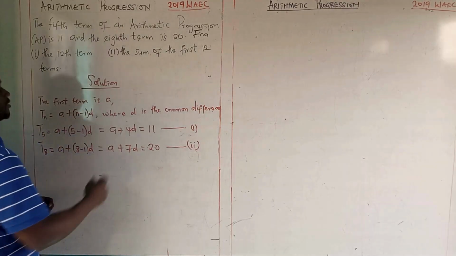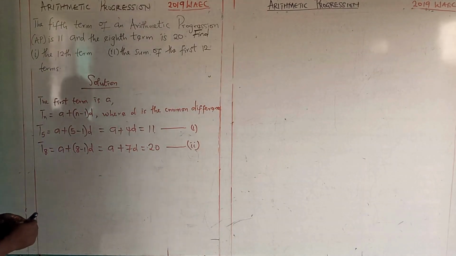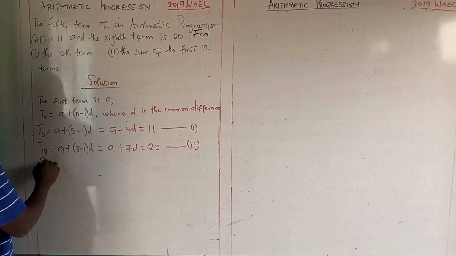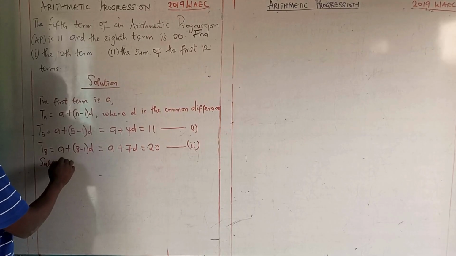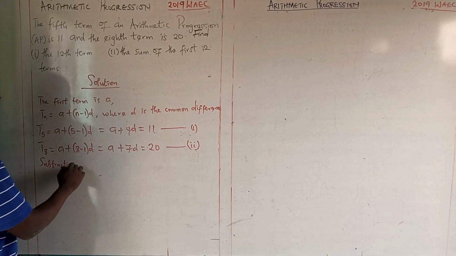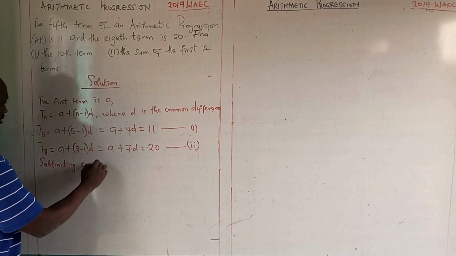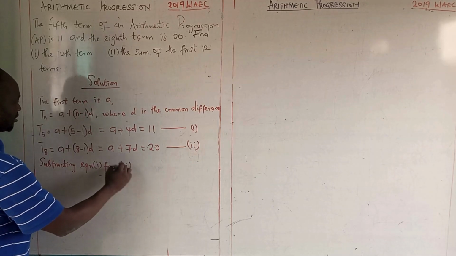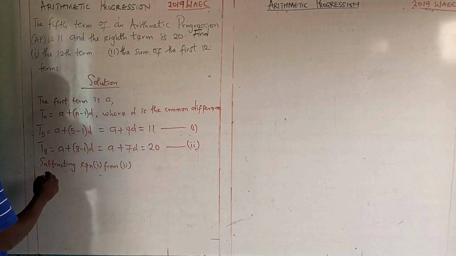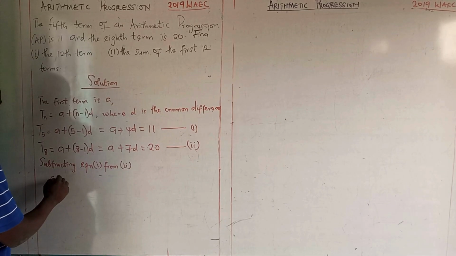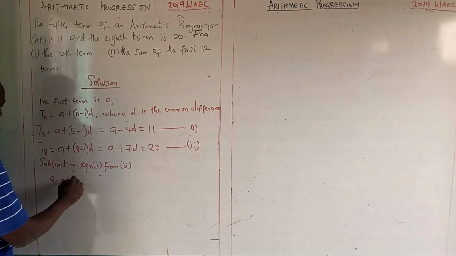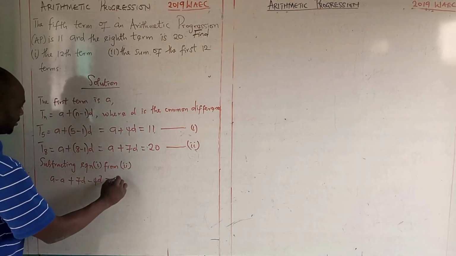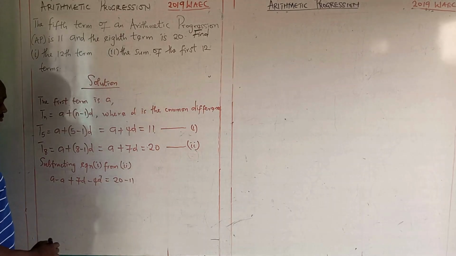Now, solving these two equations simultaneously will help us to find the common difference. So, I say subtracting equation 1 from 2. That brings us to A minus A plus 7d minus 4d equals 20 minus 11.